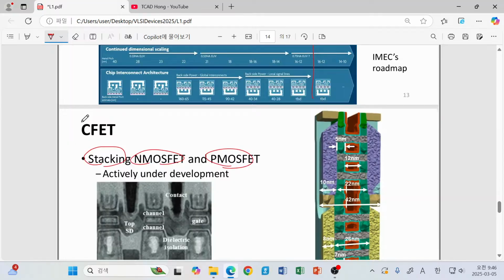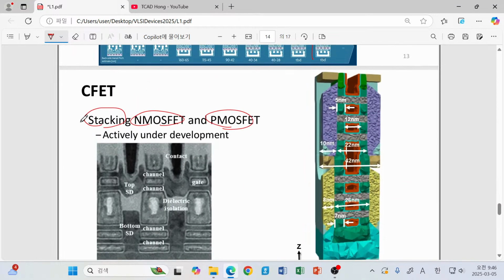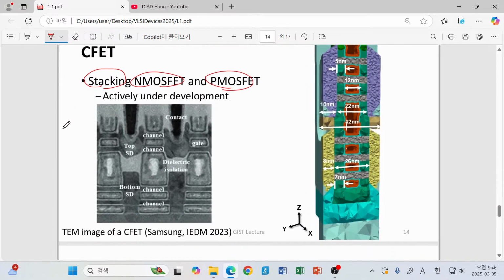So here you can see that industries like Samsung, TSMC, Intel, all of these companies are already fabricating prototypes of a CFET, and this is the TEM image of a CFET. Where can you find the transistor actually? So here you have silicon.